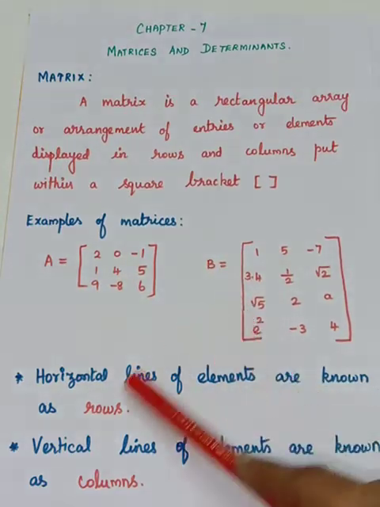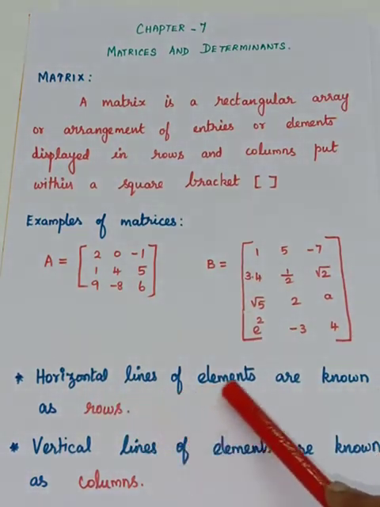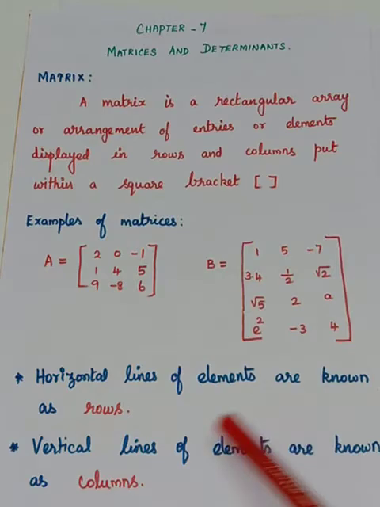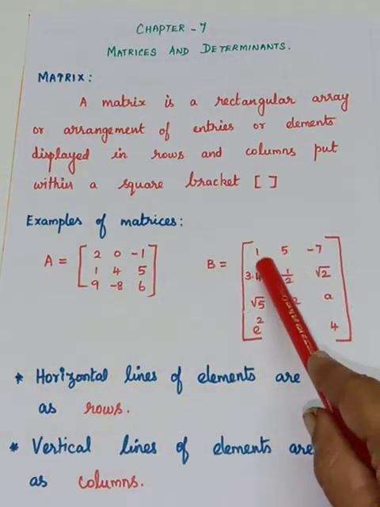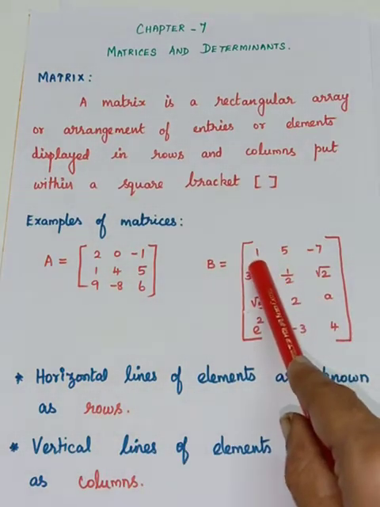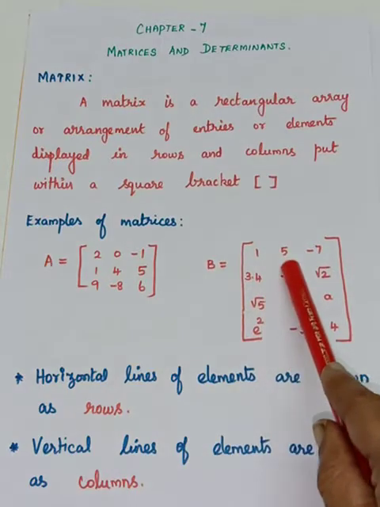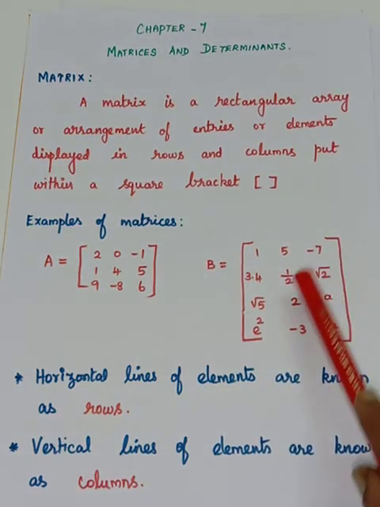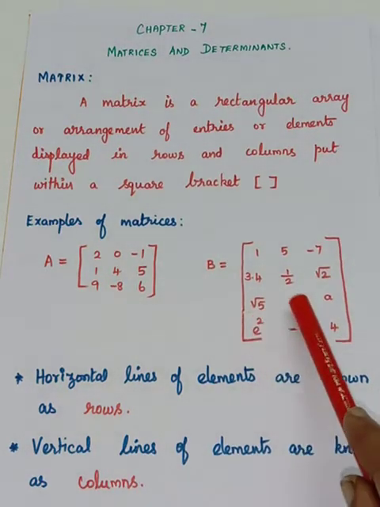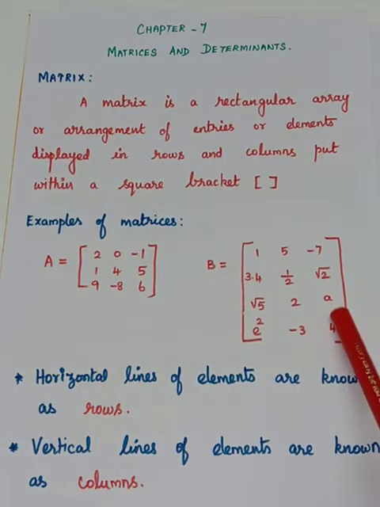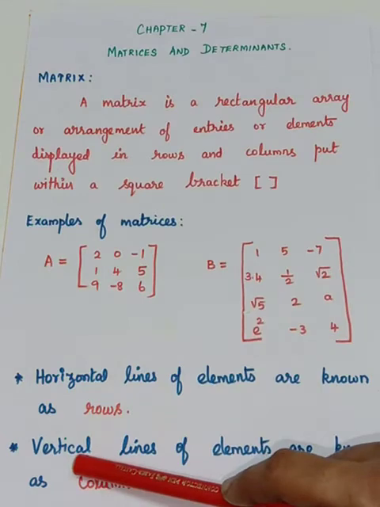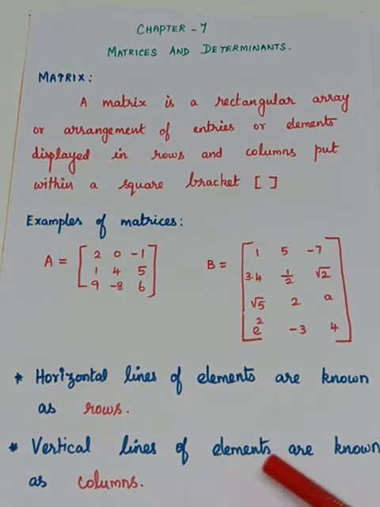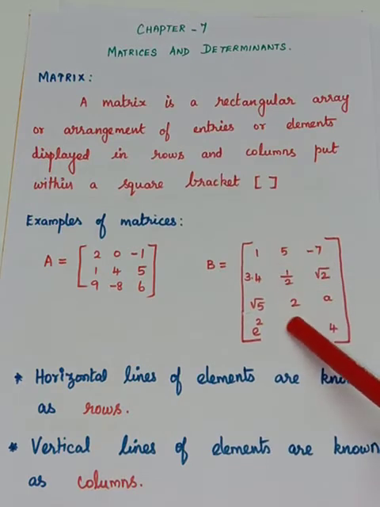So what is a row? The horizontal lines of elements are known as rows. Here you see the first row, what are the elements there? 1, 5, minus 7. In the third row, root 5, 2 and A. Okay. So what is a column? Vertical lines of elements are known as columns.